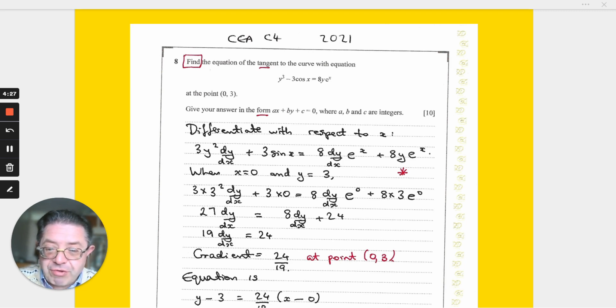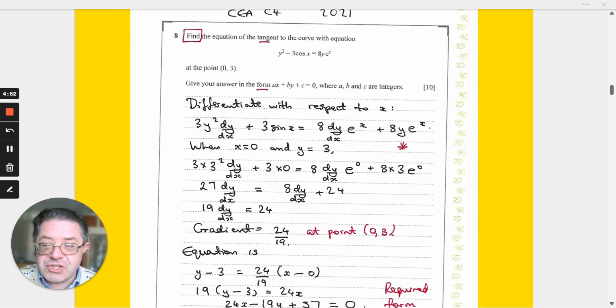Now I could rearrange this to find dy/dx as I did in the previous question, but in fact we don't need to do that. We need to find the value of dy/dx when x is 0 and y is 3, and we can do that by substituting in those values and then rearranging to find the gradient at the particular point, which is 24 over 19.